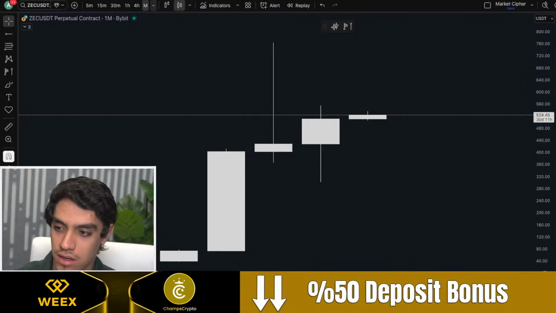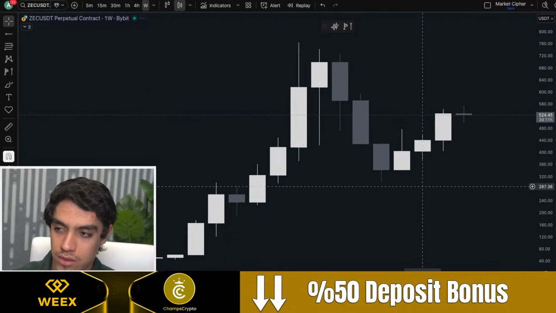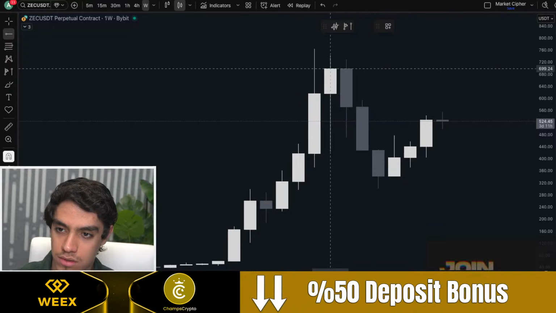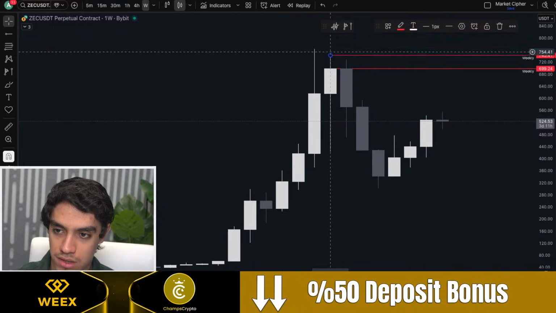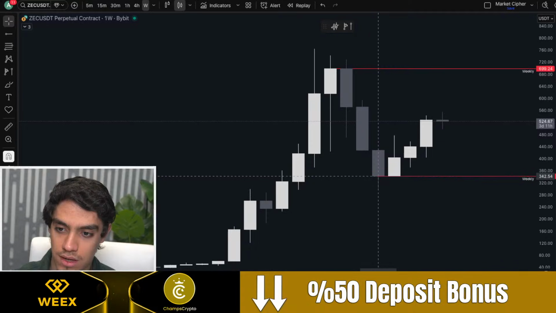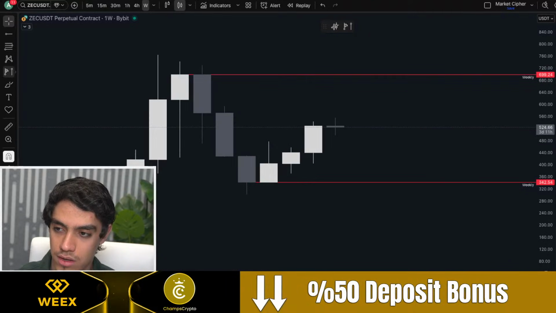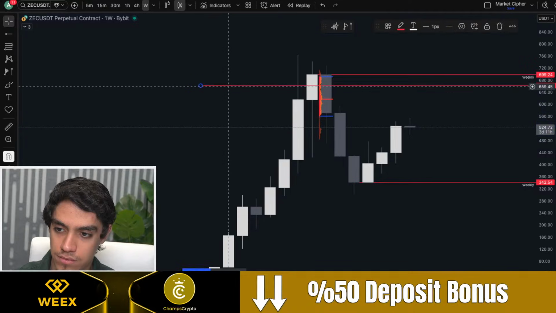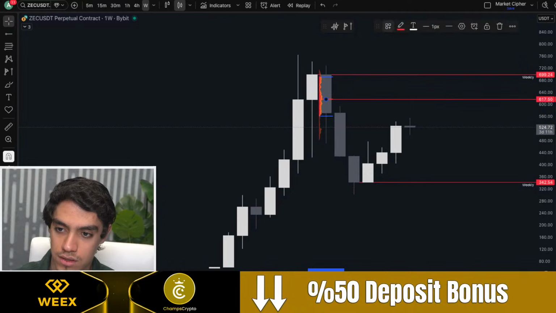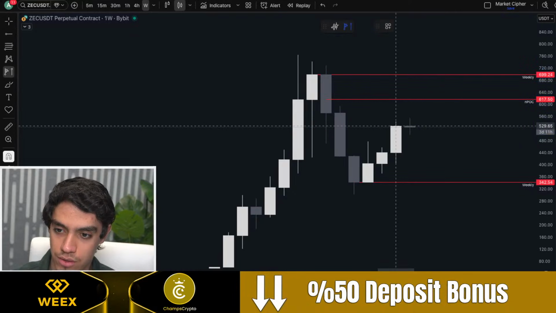I don't like this. Weekly time frame. We will see these, and also that, and then we will see this candle. And then do this, and then we take the volume profile off, we do this.